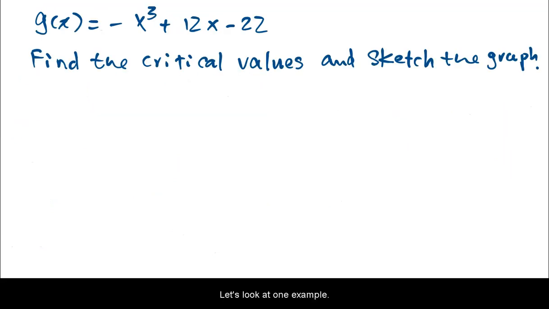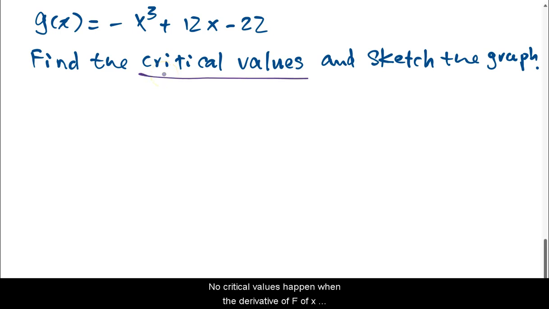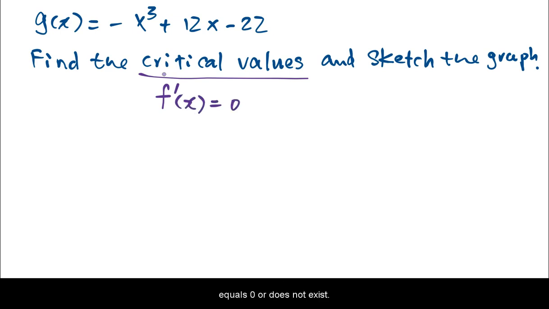Let's look at one example. For a function g of x equals negative x cubed plus 12x minus 22, find the critical values and sketch the graph. Critical values happen when the derivative equals 0 or does not exist.